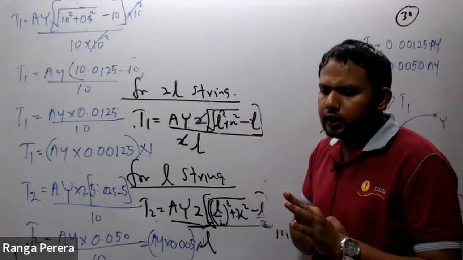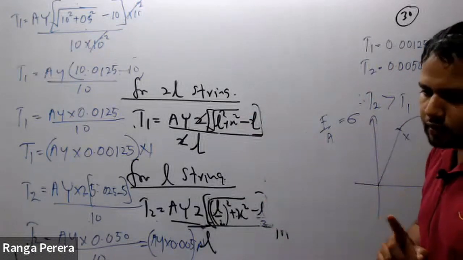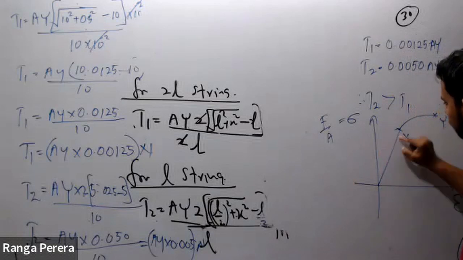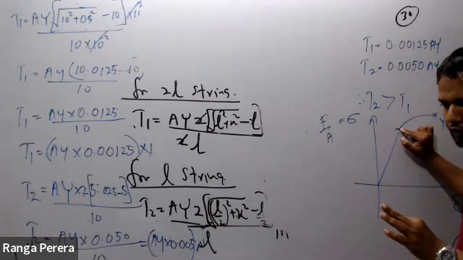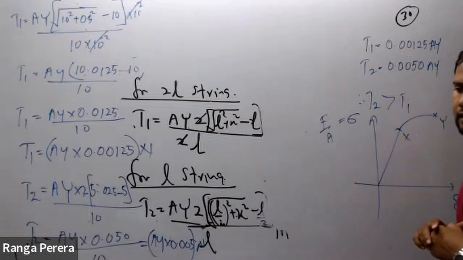The tension on the shorter string is greater than that of the longer one. Then the shorter string would reach the proportional limit first than the longer one.